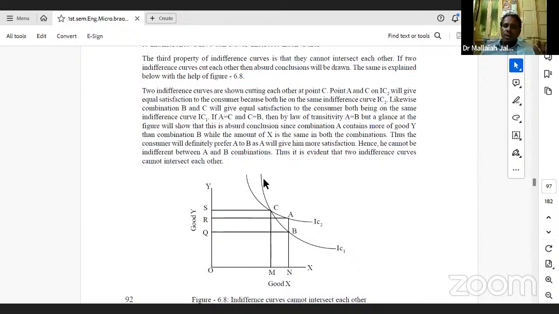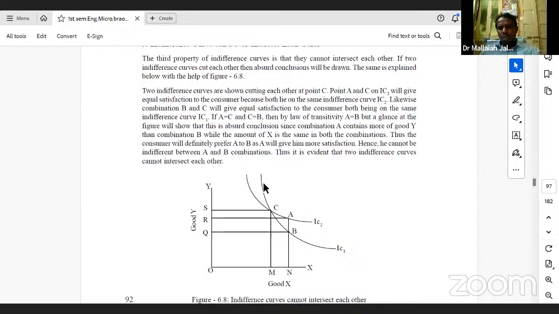Here, as I said, a higher indifference curve gives higher satisfaction than the lower. Between this part up to point C, these two we observe first. IC1 is above IC2. That is clear. What does it mean?